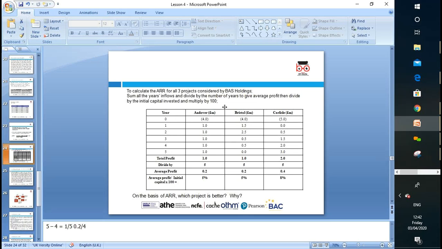We have 3 projects: A, B, and C. One requires 4 million, another requires 4 million, and the third requires 5 million. Project A will give you 1 million each year for up to 5 years.